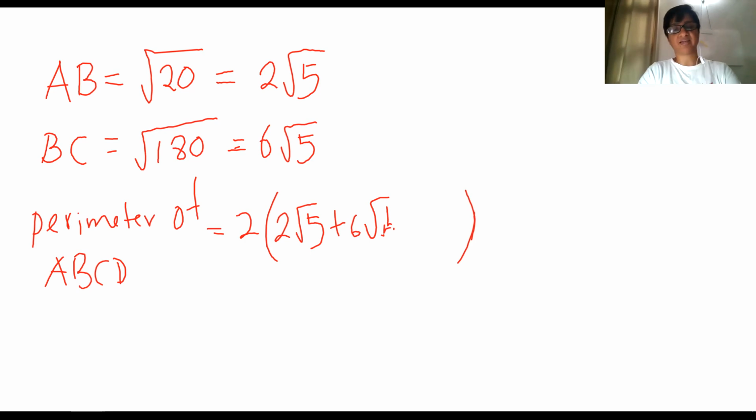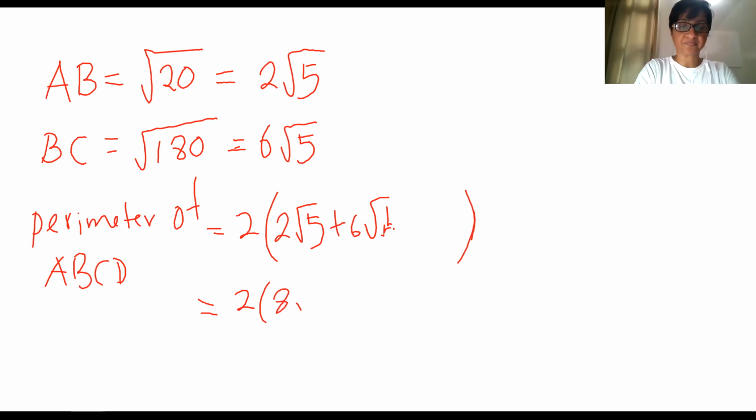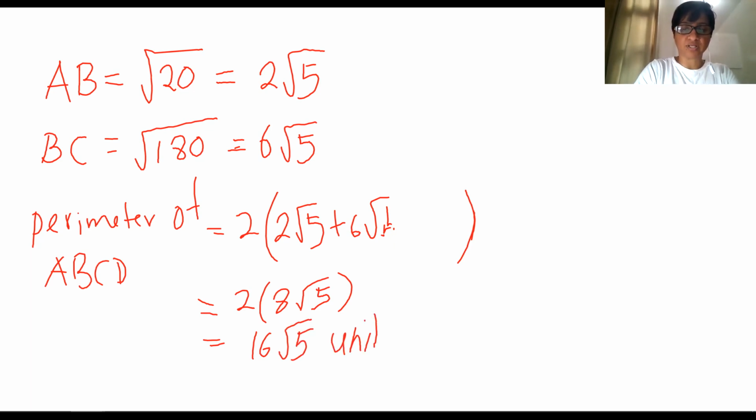What is 2 root 5 plus 6 root 5? 8 root 5. So 2 times 8 root 5 is 16 root 5 units. 16 root 5 is the exact answer. If you try to change the root 5 into a decimal number, that's not going to be exact.